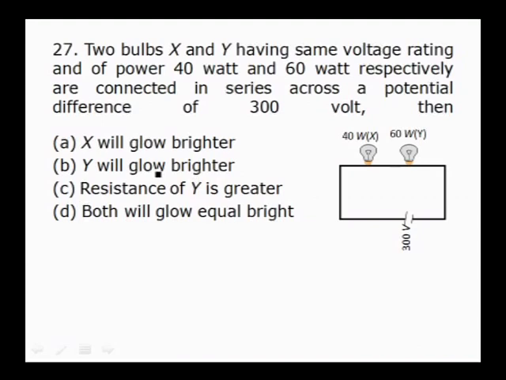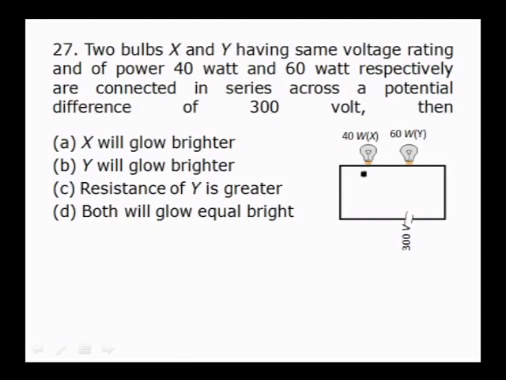Question number 27. 2 bulbs X and Y having the same voltage rating and the power 40 watt and 60 watt respectively are connected in series across a potential difference of 300 volt. Then A, X will glow brighter, B, Y will glow brighter, C, resistance of Y is greater, and D, both will glow equally bright. See, the concept is very simple.